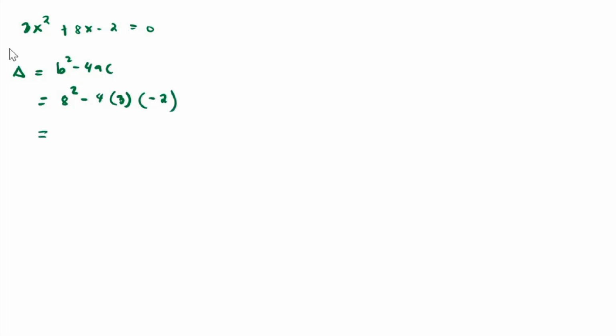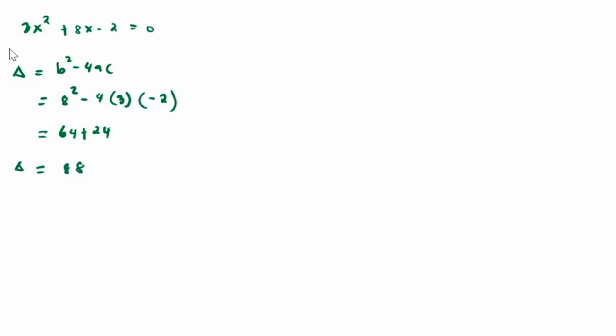So simplifying this one, 8 squared is 64. Negative 4 times 3 times negative 2. So positive 24. And then 24 plus 64 is 88. So still, the answer has two unequal roots.